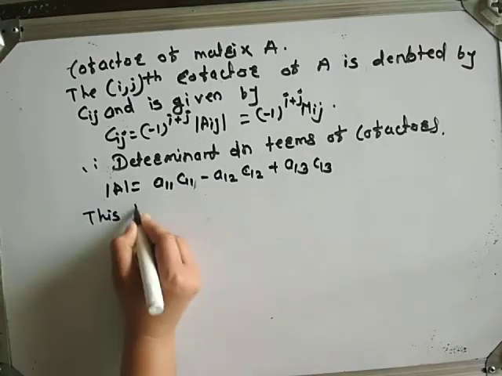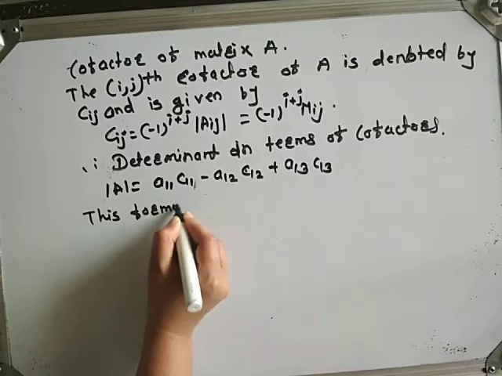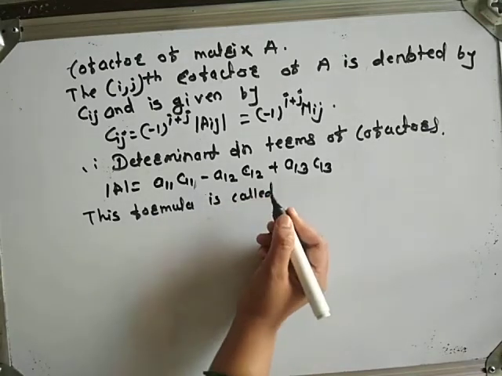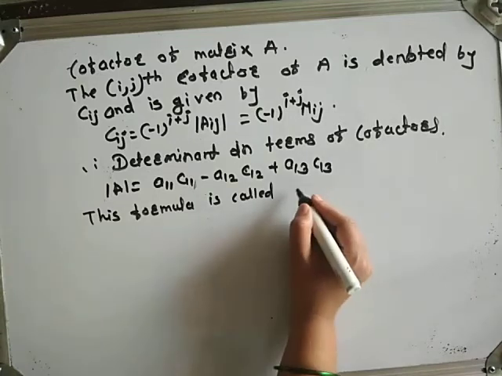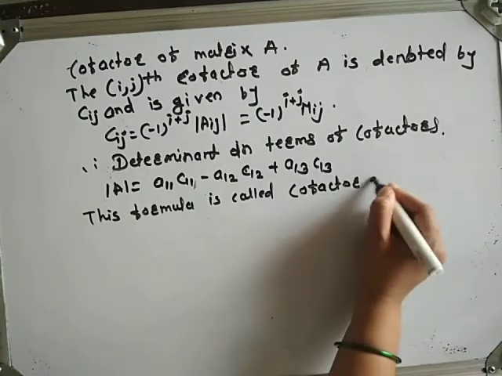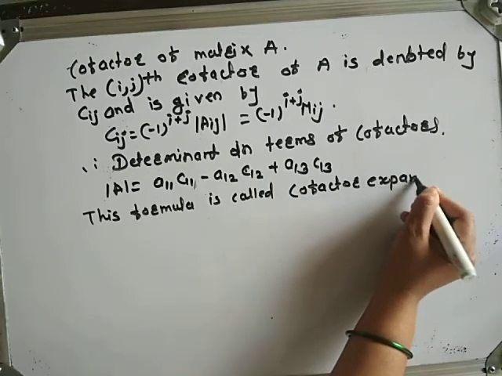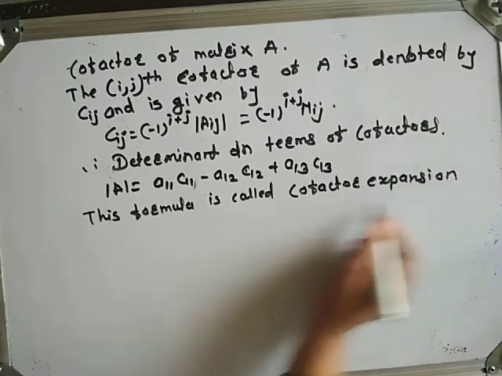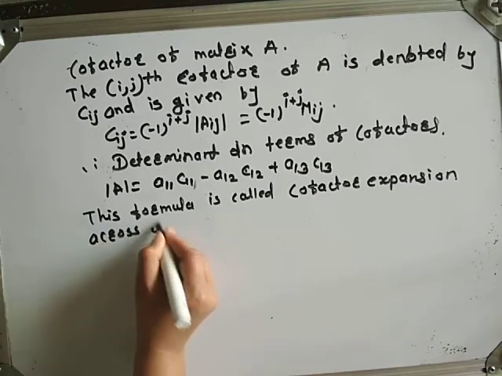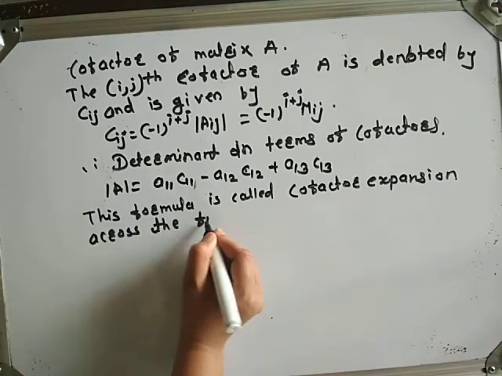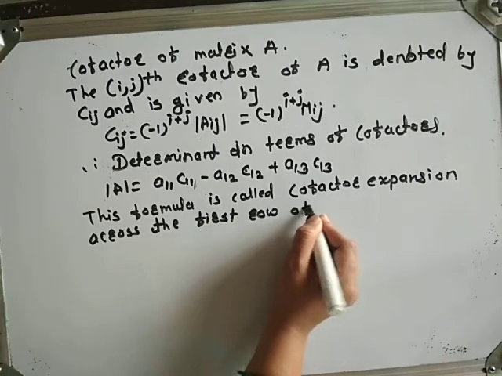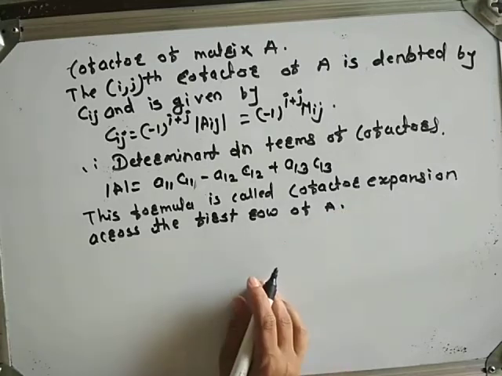This formula is called cofactor expansion across the first row of A, the first row of capital A.